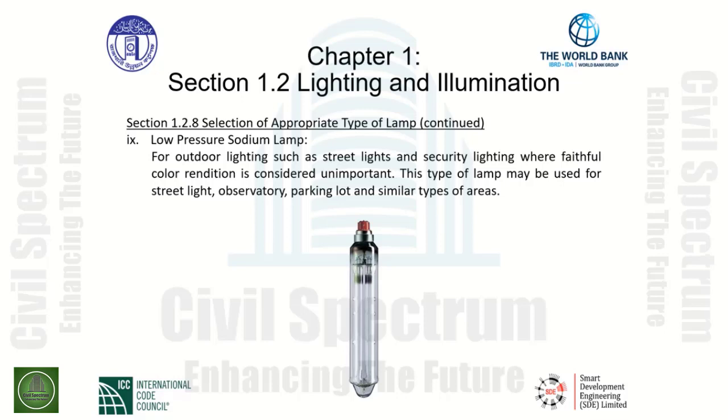For outdoor lighting, such as street lights and security lighting, where faithful color rendition is considered unimportant, this type of lamp may be used for street lighting, observatory, parking lot, and similar types of areas.